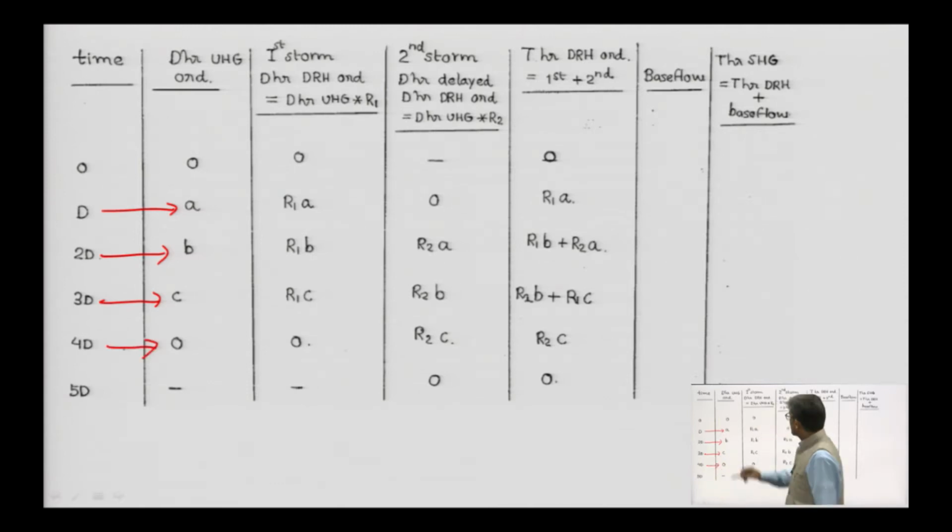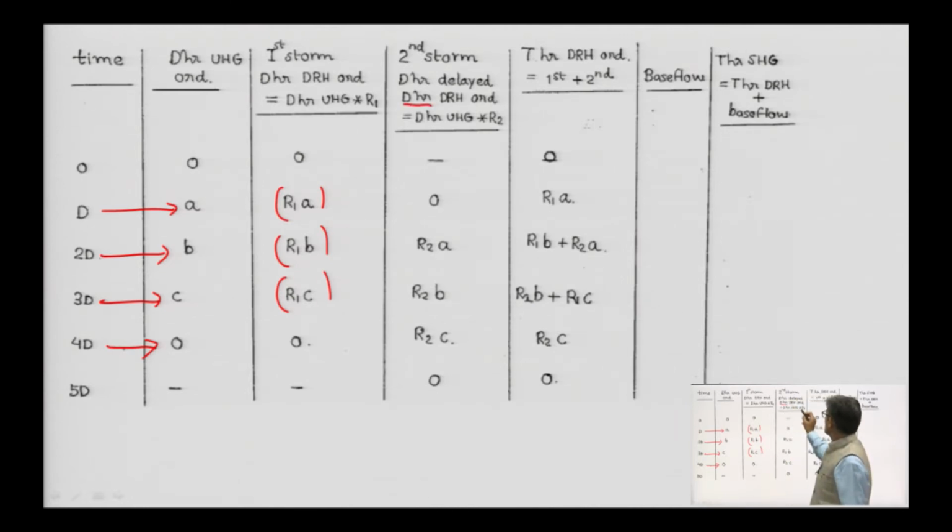This is the DR UHG. For the first stamp, the DRH ordinate is multiplied by R1, so every ordinate is multiplied by R1. The second stamp is delayed by D and multiplied by R2.